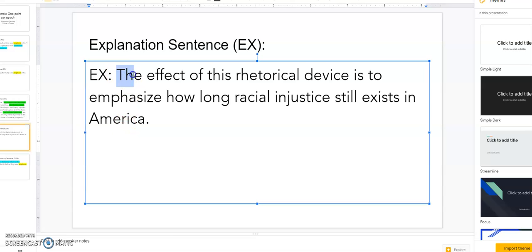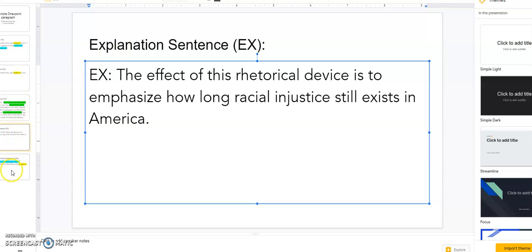And I'm going to use that phrase. The effect of this rhetorical device is to emphasize how long racial injustice still exists in America. So remember, 100 years after the Emancipation Proclamation, the people were still fighting horrible racial injustice.